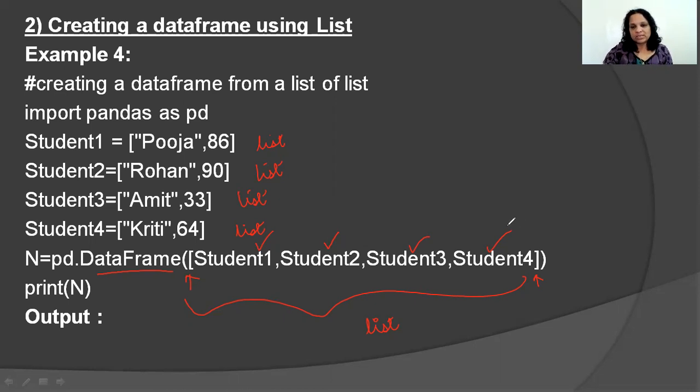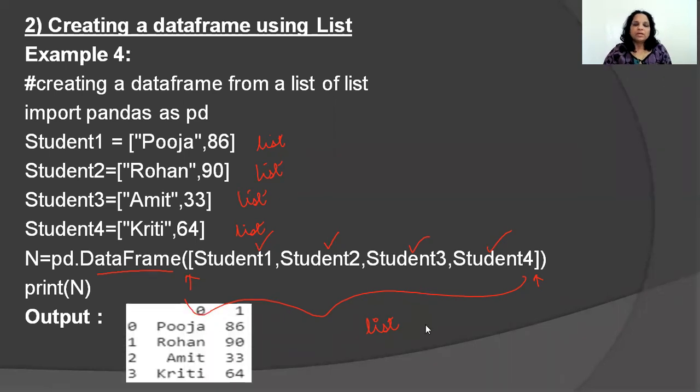How does the output look? Let's look at it. Can you see? It consisted of 4 rows, and along with that, 2 columns. Since you did not specify the index label or the column label, it continued with the default values. But like I said, you could have suggested the column labels as name and percentage, or name and roll number, whatever, by using the parameter called columns, like we have seen before.